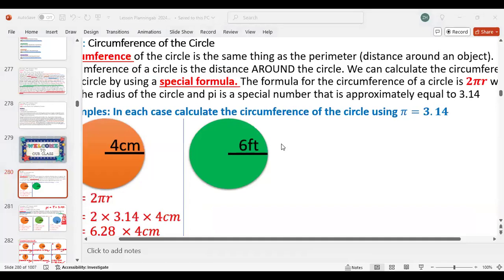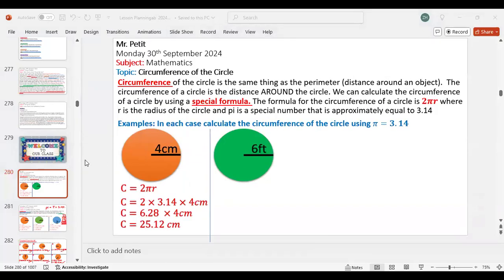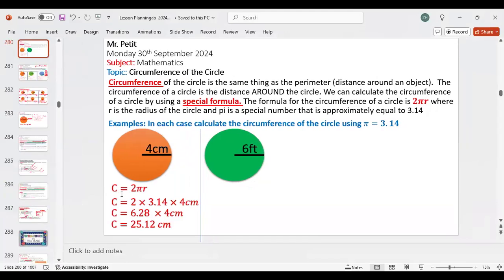So what's the first thing that we're gonna do for this one? We have to write down our formula. So the formula is C is equal to 2 times pi times r. Where's Dolly? Dolly, are you there?